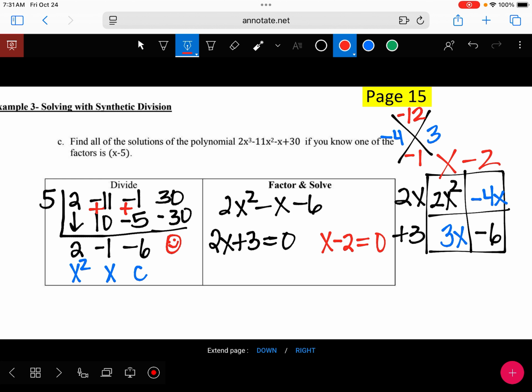So for the first one, you have to subtract 3 and divide by 2. So you're going to have a fraction or a decimal.